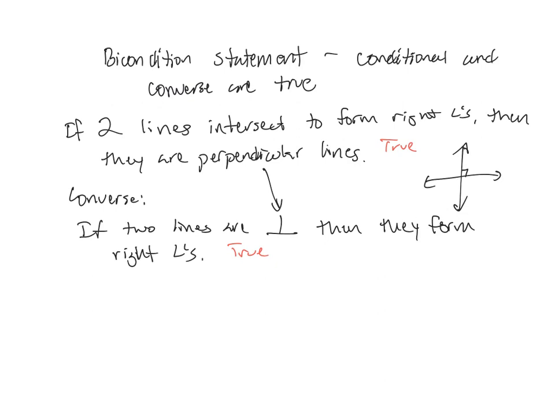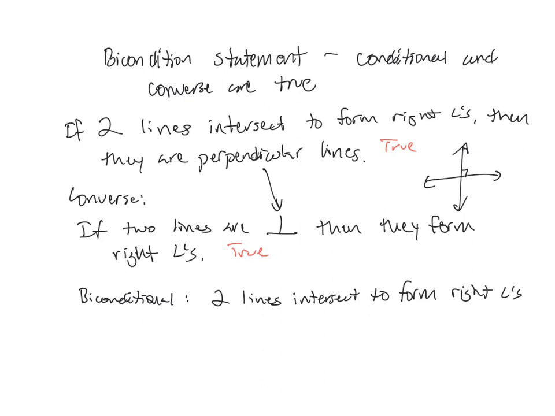And so the biconditional would be, and there's no if and then in a biconditional statement. So you kind of transfer it like this. 2 lines intersect to form right angles, and here's the biconditional part.